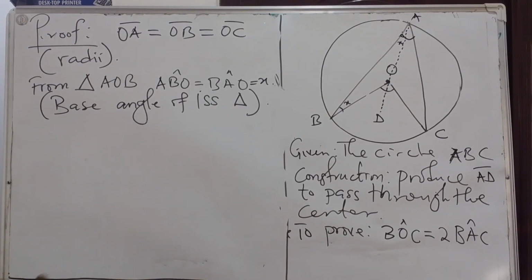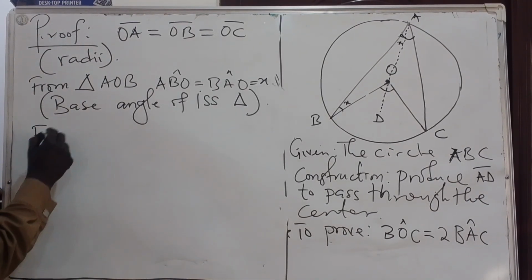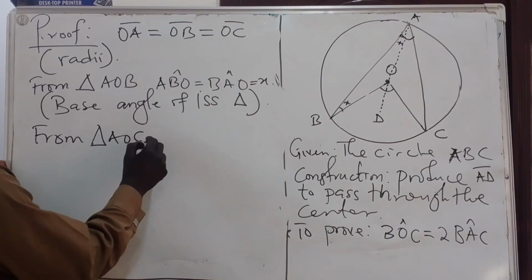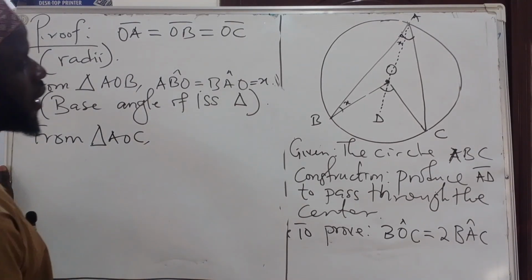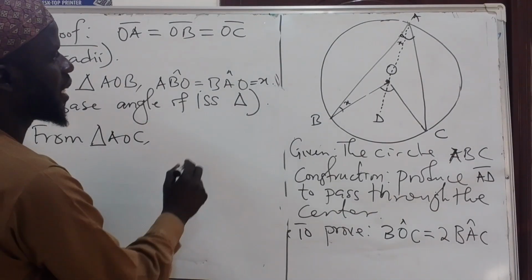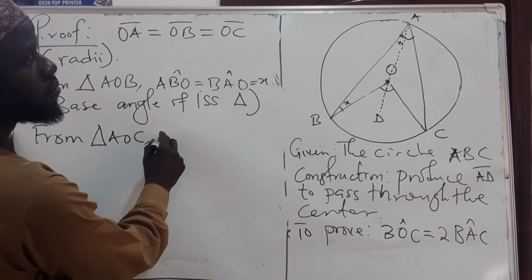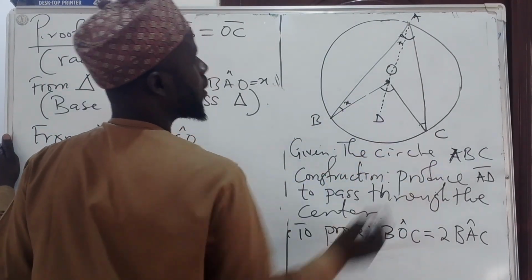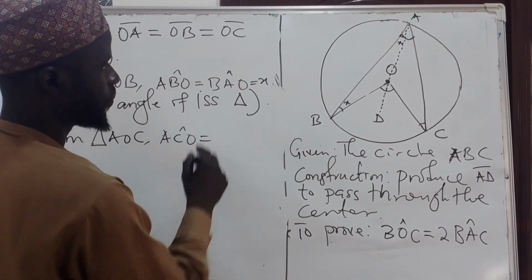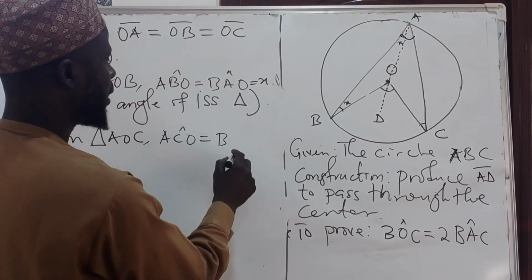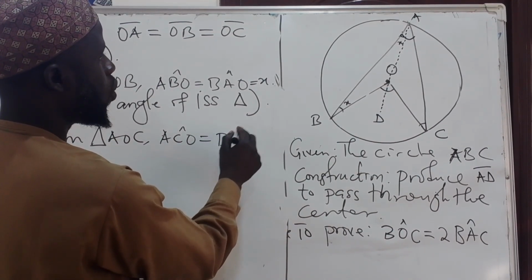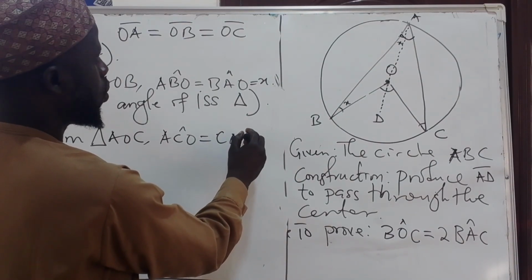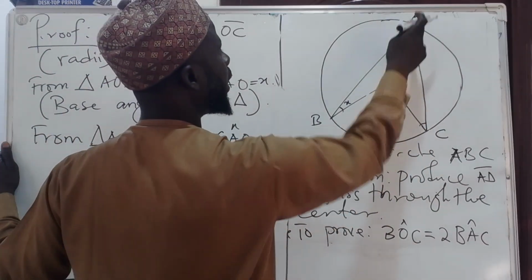Now also from triangle AOC, we have that angle ACO, this angle here, is equal to angle CAO, this angle.